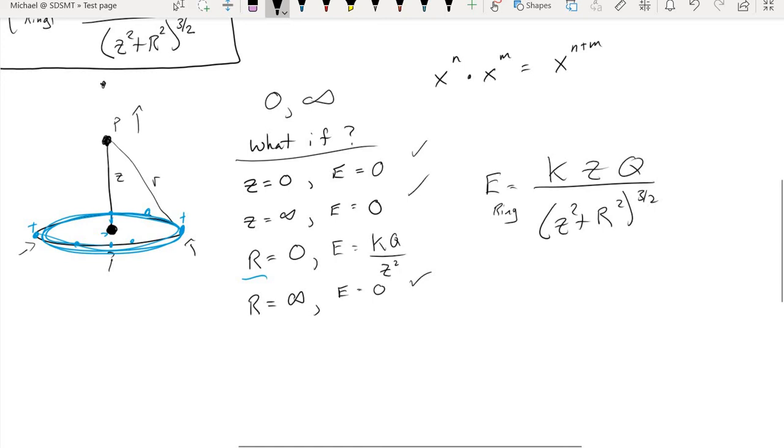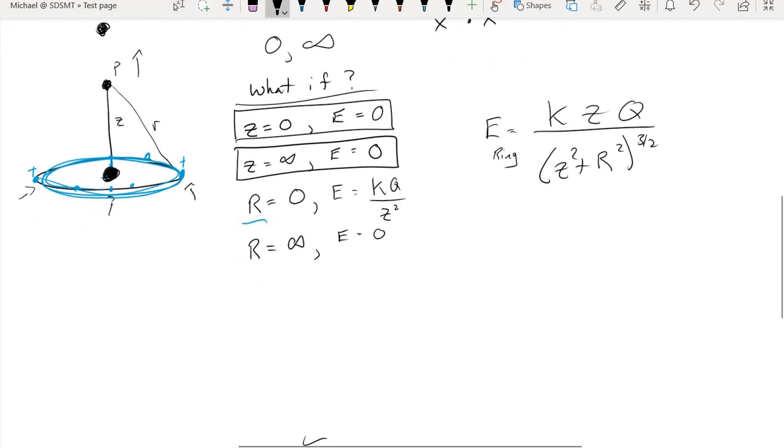But here's something interesting. The math is telling us that if I go to the center of the ring, there will be 0 electric field. And if I go too far away from the ring, there will be 0 electric field.